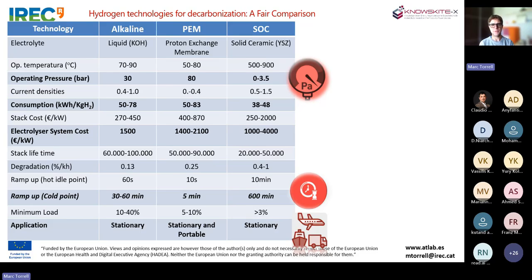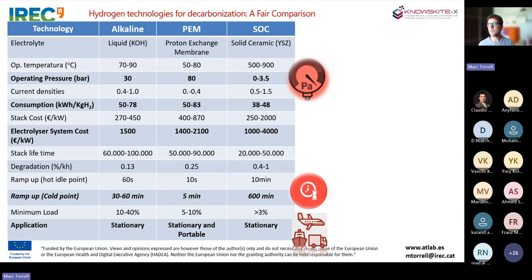Solid oxide cells operate at temperatures in a range between 500-600 and 900 degrees, while the other technologies operate at much lower temperatures. This gives the technology certain thermodynamic and kinetic advantages, which is a real step beyond in the power consumption in electrolysis mode to generate, in this case, a kilo of hydrogen.